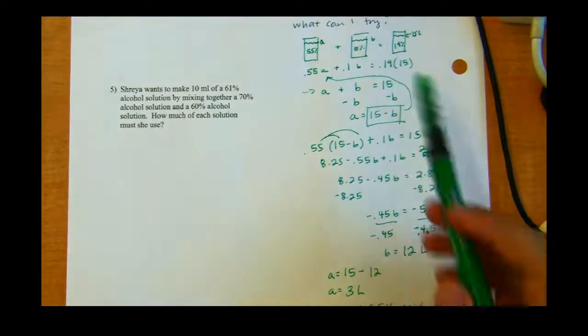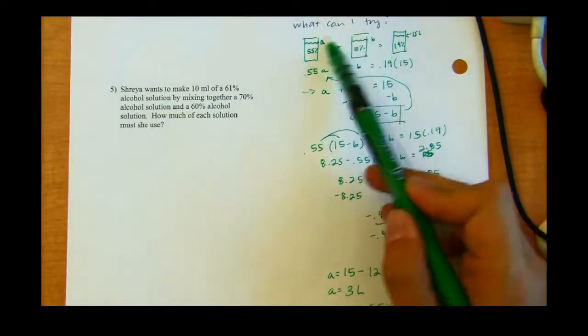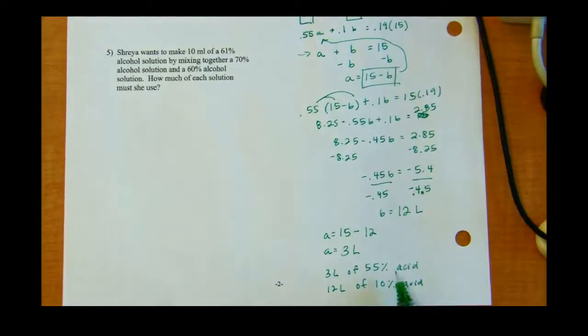So I should have more of solution B than solution A, which my answer reflects. I've got less of my 55% acid solution, more of my 10% acid solution. And that's the problem.